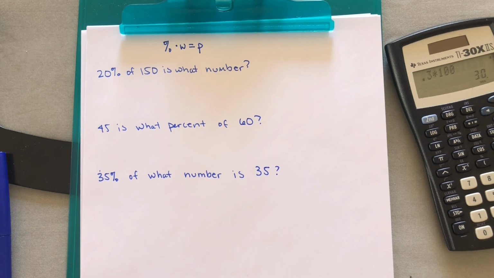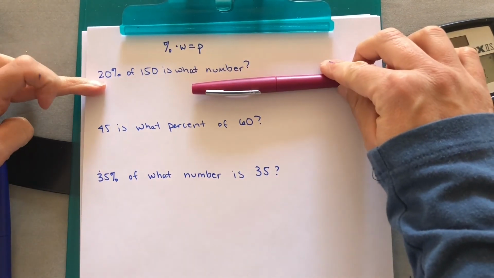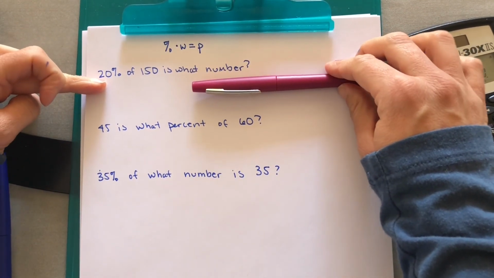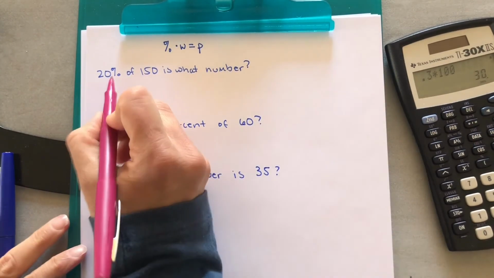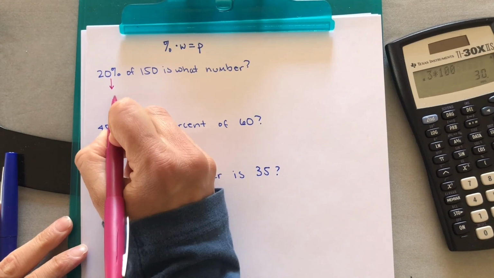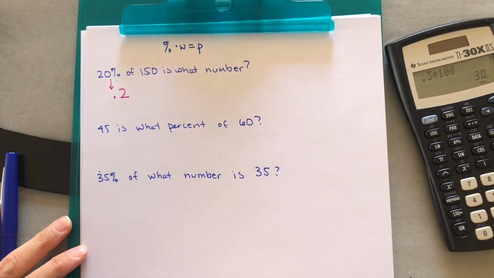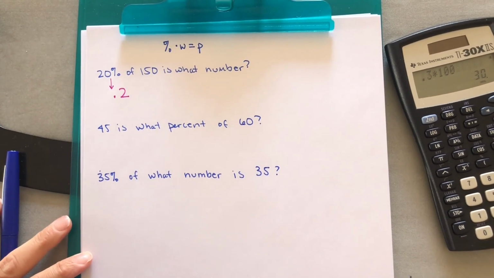Now, when we worked with proportions, we needed to identify which pieces were which and put them into the proportion. But when we're working with equations, one of the nice things is we can simply take a sentence like this and translate it into an equation. So for example, 20%, if I write that as a decimal, is 0.20, which is equivalent to 0.2.